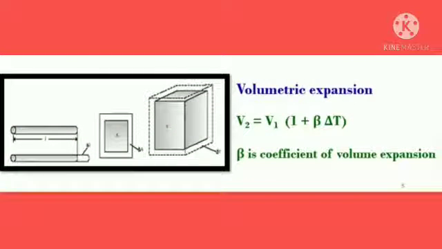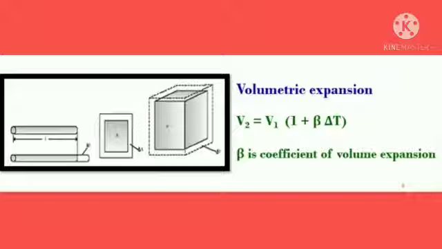Now we will see volumetric expansion of solids. Similar to a sheet, a three-dimensional piece of a solid expands on all sides when heated and its volume also increases. This is called the volumetric expansion of a solid.